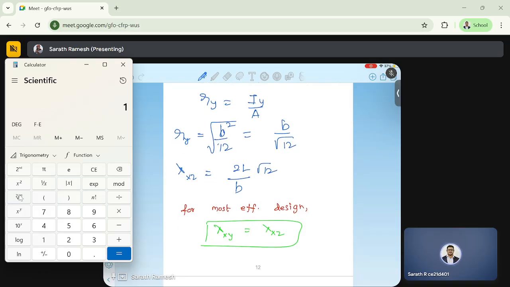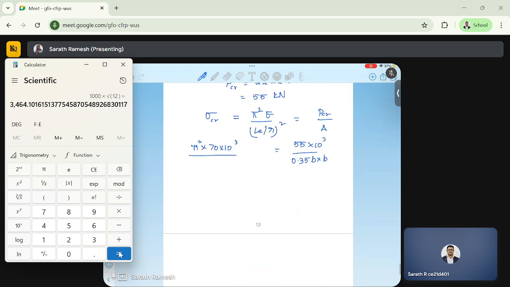Both are same, but 1000 into root 12. You get 3464. 3464 by B the whole square. Right? So that's it. Now, the only unknown here is B.